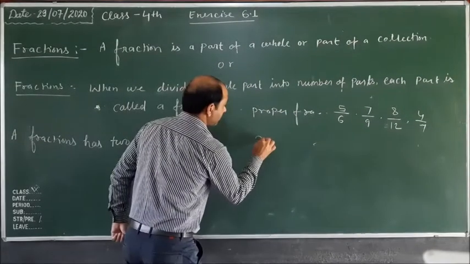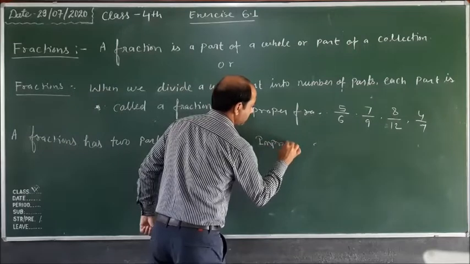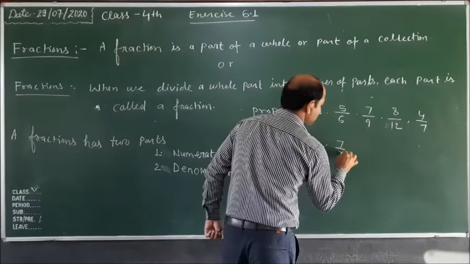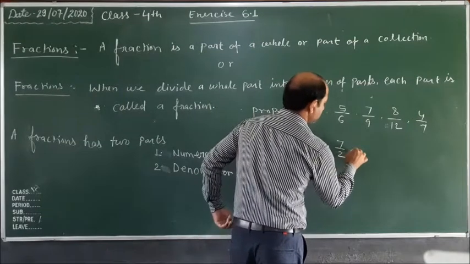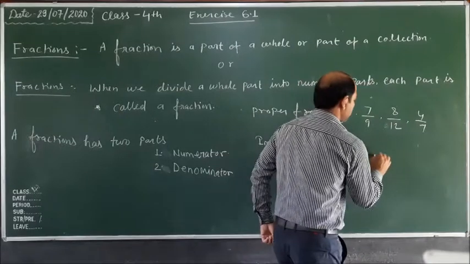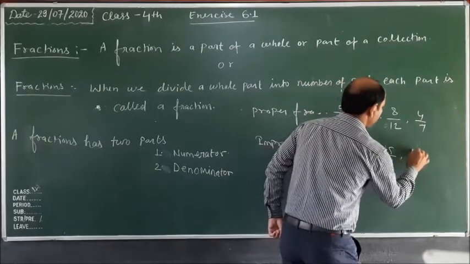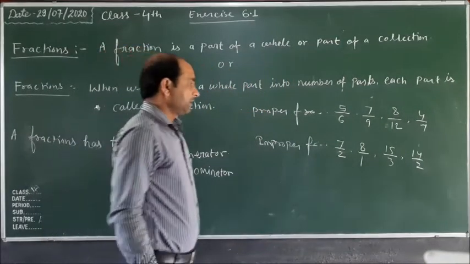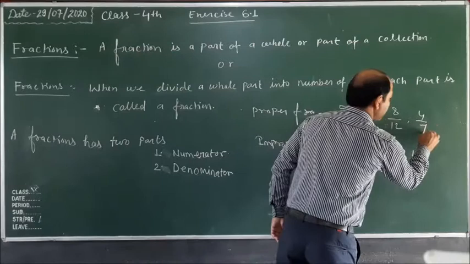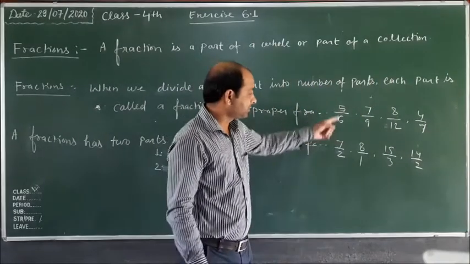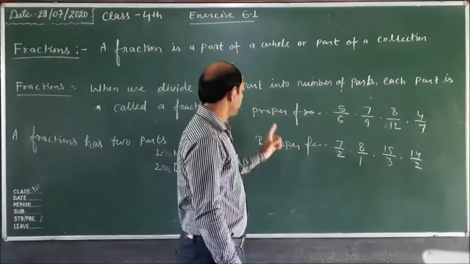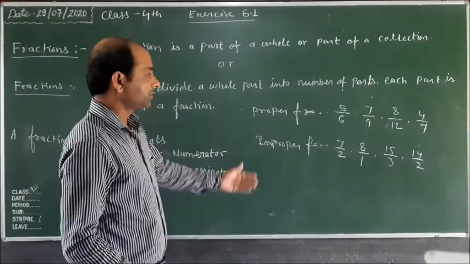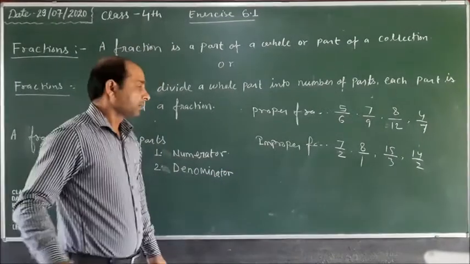And the second is the improper fraction. Improper fractions: 7 upon 2, 8 upon 1, 15 upon 3, 14 upon 2. Dear children, can you tell me what is the difference between these fractions?